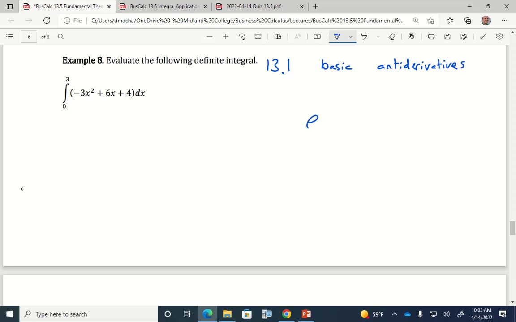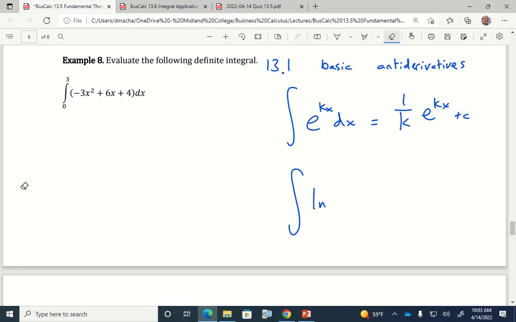You also learned that e to the power kx, when you take the antiderivative, is 1 over k times e to the kx plus c. Don't forget that rule. And then also don't forget that the antiderivative of 1 over x is natural log.